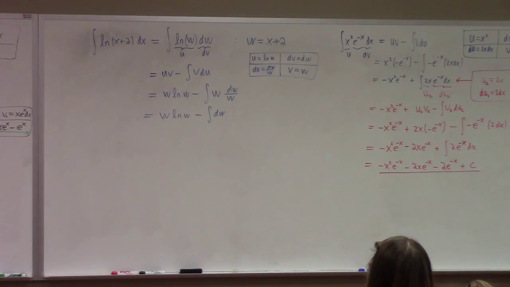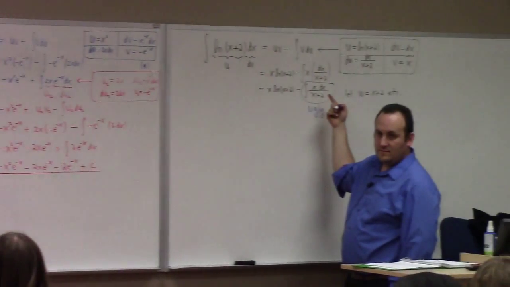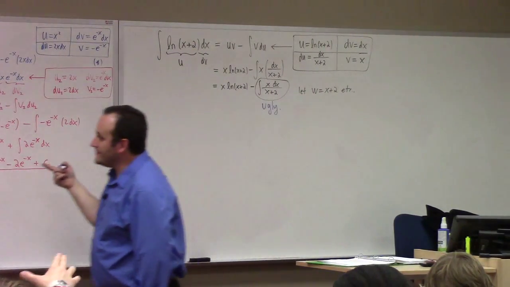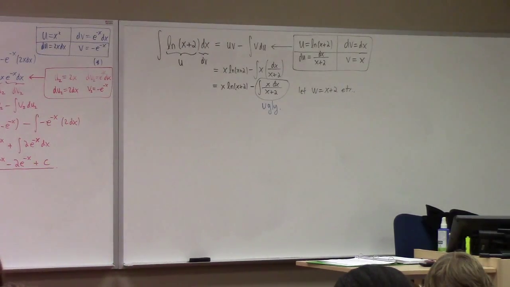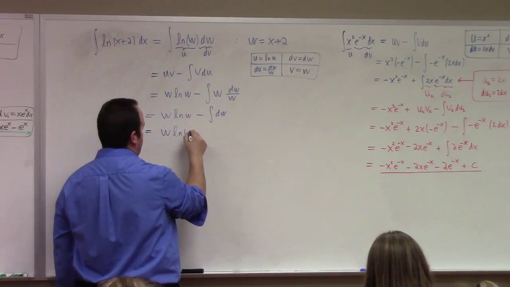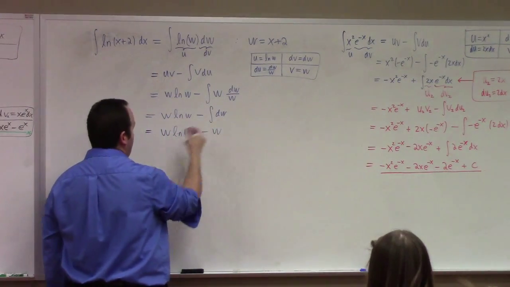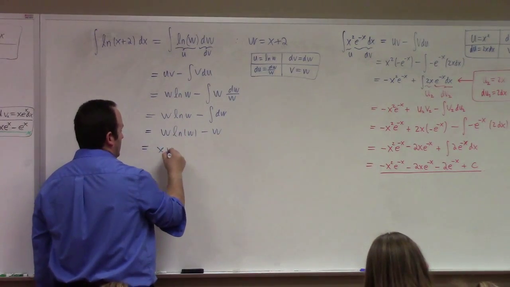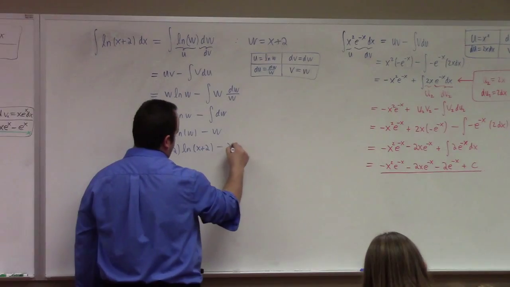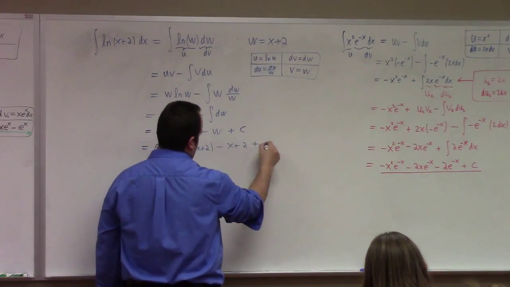It's ugly, but you could settle for it. That could be the whole answer. You can do that integral is my point, but it's easier to do this way. So this is w ln of w minus w, and then go back to x. And there you go.